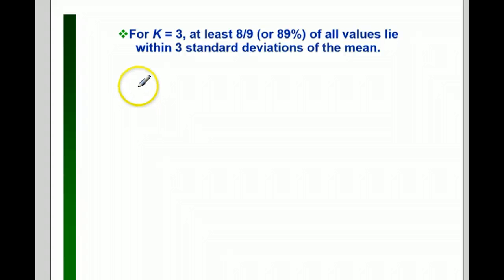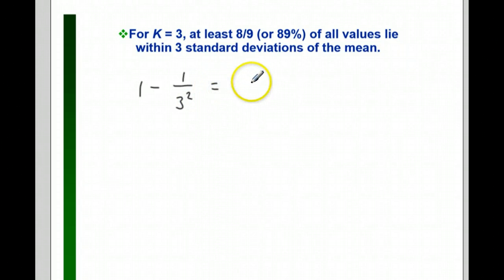So where does that come from? Well, same thing. Chebyshev's formula says 1 minus 1 over k squared, so that's 1 over 3 squared. 3 squared is 9, so 1 minus 1/9 is 8/9. Okay, and then 8/9, if you put it in your calculator, you get 0.8 repeating.